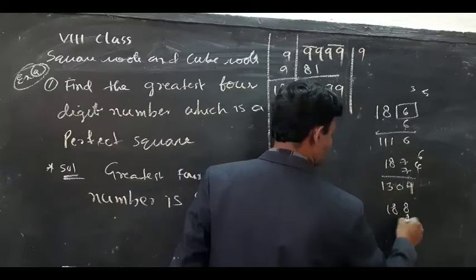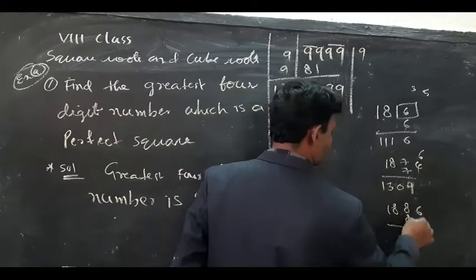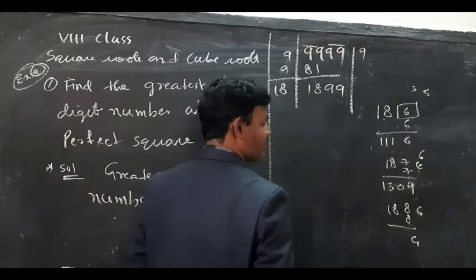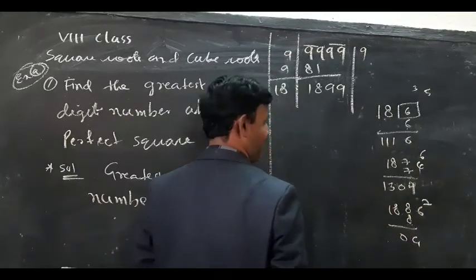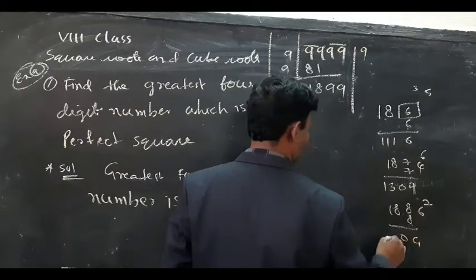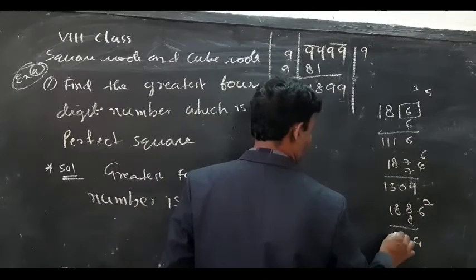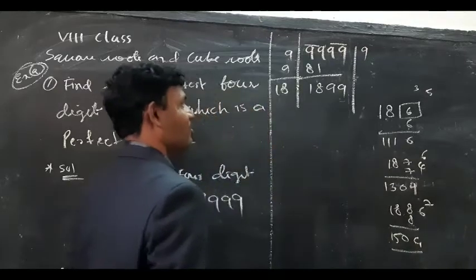Now I will take 8. 8 8s are 64. 64 plus 6 is 70. 8 1s are 8. This is not the nearest.